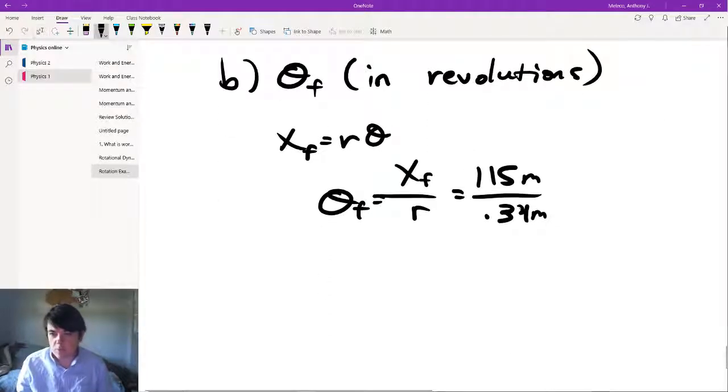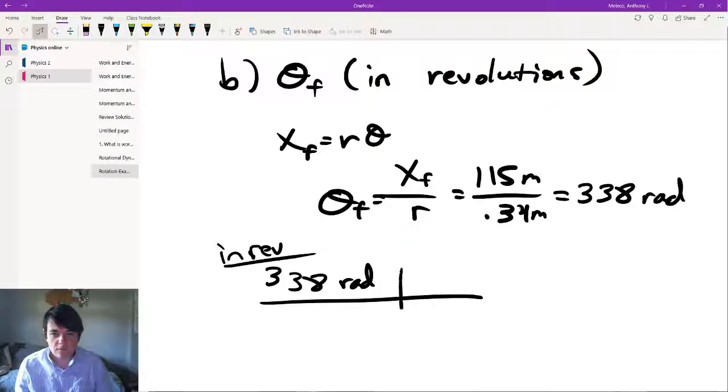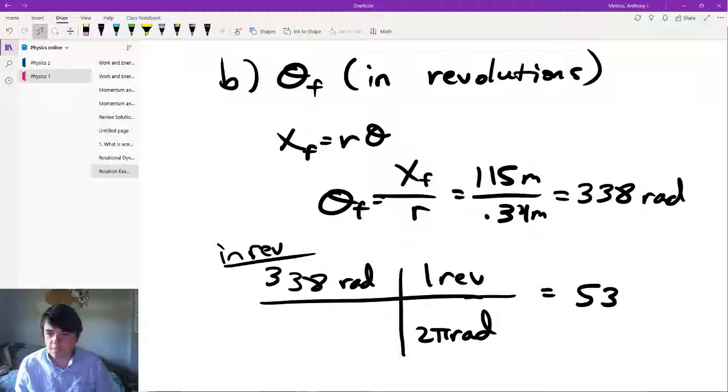When we do that, we get a dimensionless term, which is just 338, but we write radians because we're talking about angular distance. Now we need to convert this to revolutions. This would be 338 radians, and it's 2 pi radians in 1 revolution. So you divide that out and you get 53.8 revolutions.